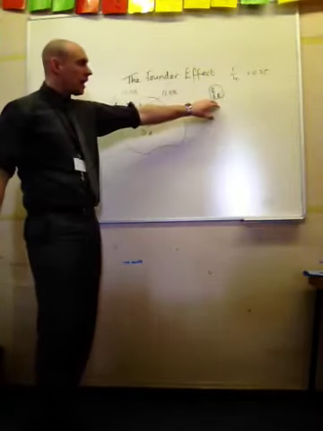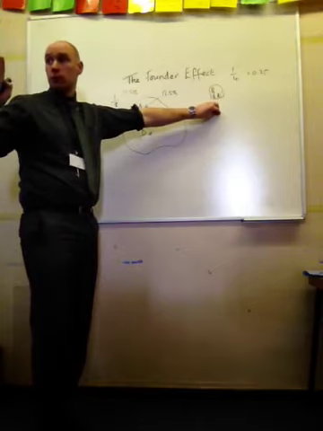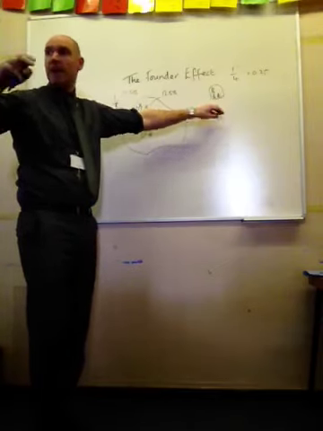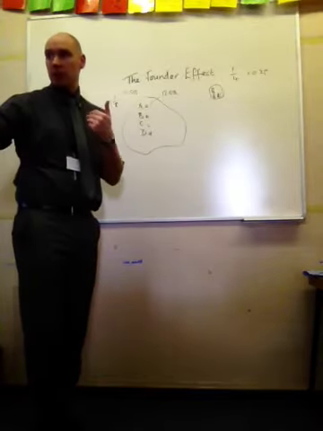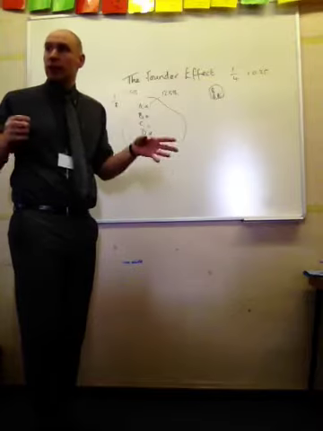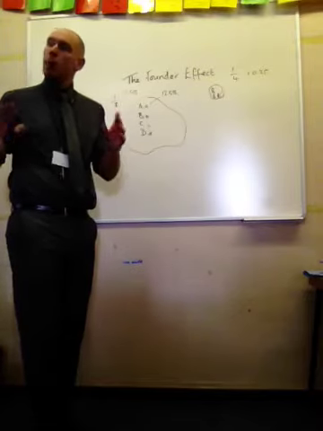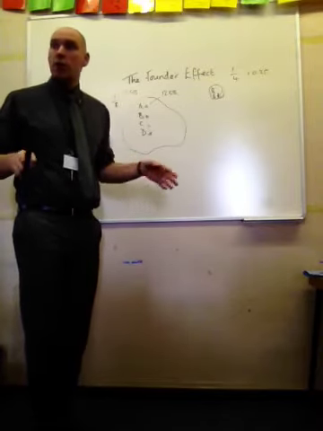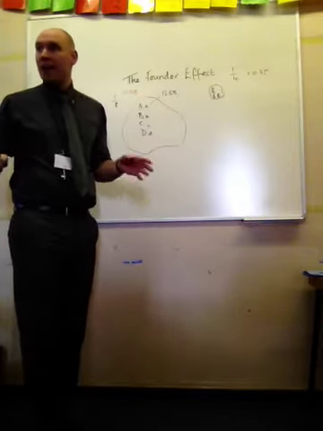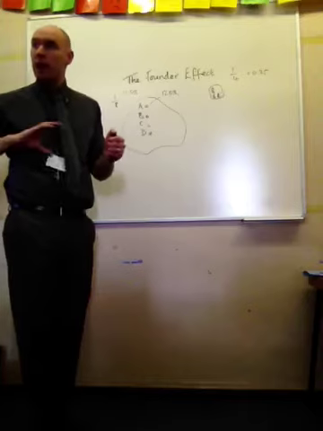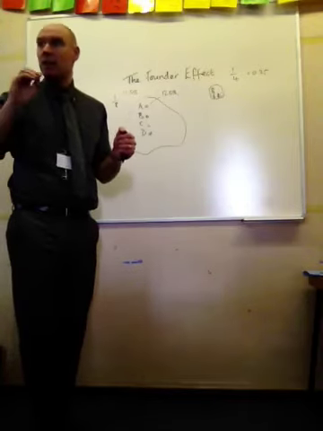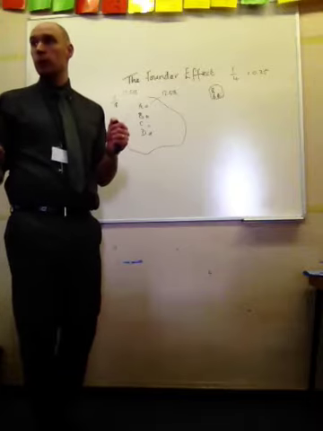And 2 people moved to this place called Lancaster County, and over many, many generations, gave rise to a population that is now 14,000 people strong. But what I'm saying to you is that those 14,000 people have never had any new alleles come into their population. So they share exactly the same gene pool as those original 2 people.